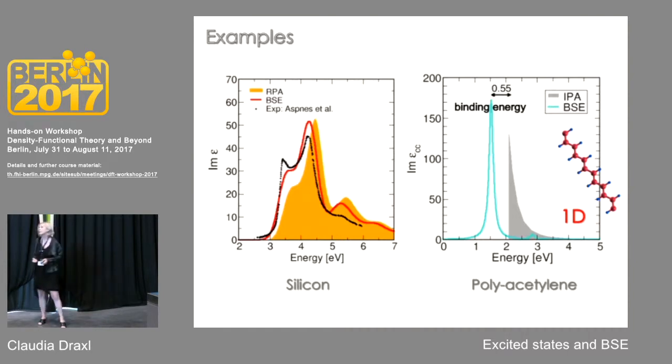In contrast, if you look, for instance, at an organic crystal, and this is a one-dimensional polymer ordered structure of polyacetylene, so it's basically a zigzag chain of carbon atoms with some hydrogens at the end. There you see a very, very strong renormalization of your spectra, going from the independent particle approximation to the BSE. So this is what I said before.